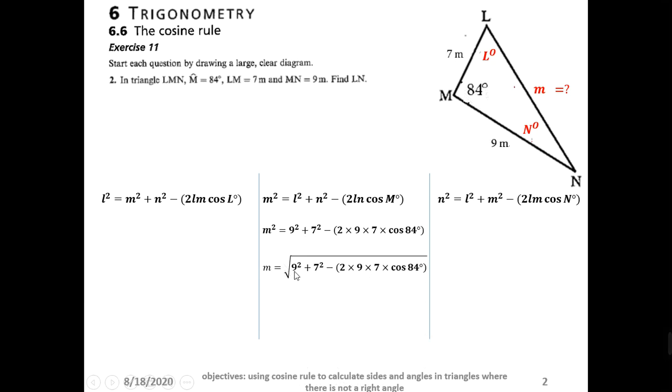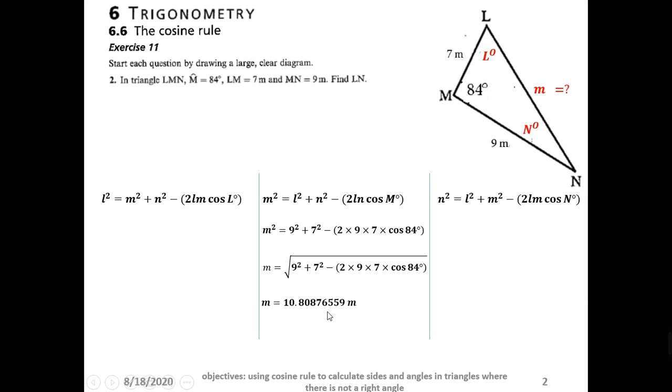M is equal to the square root of all this. So we can now insert this in the calculator. And we're going to find M as 10.8087659 meters, because all dimensions are given to me in this question in meters.